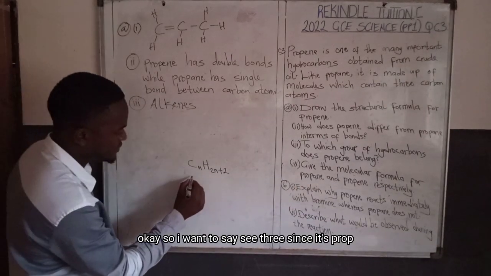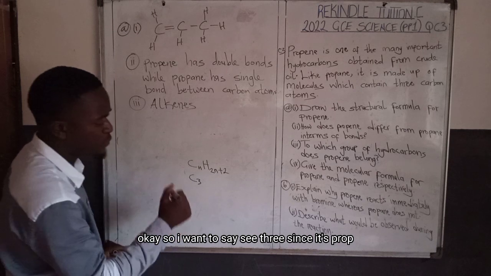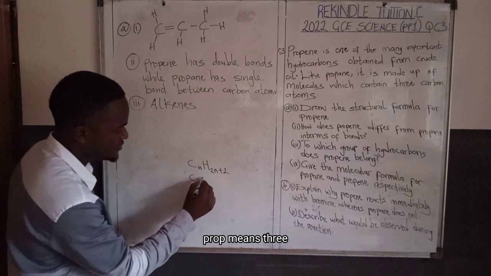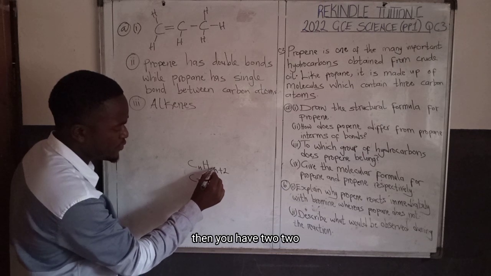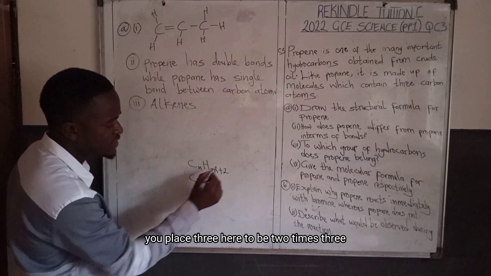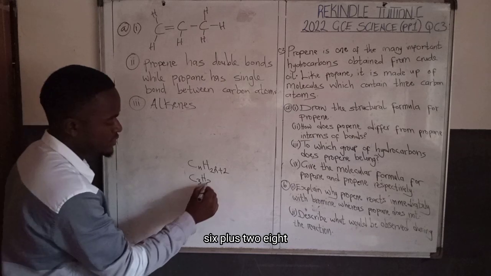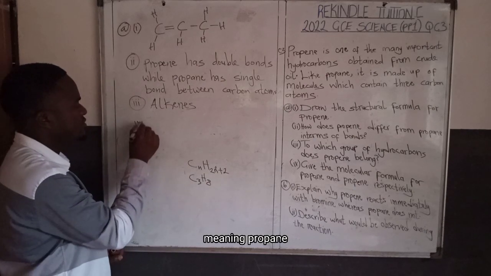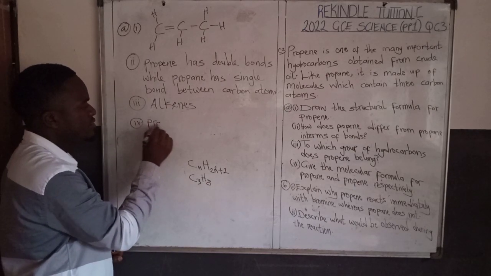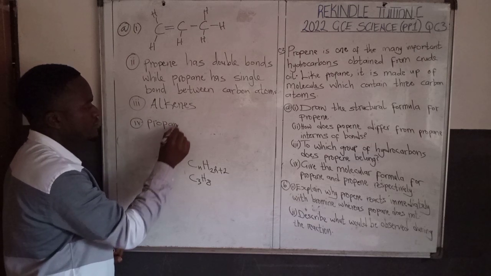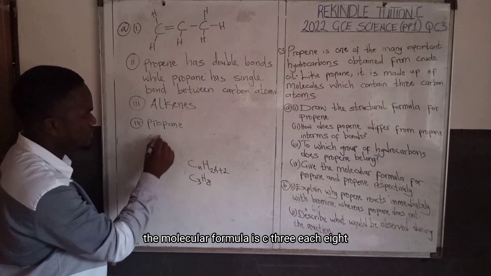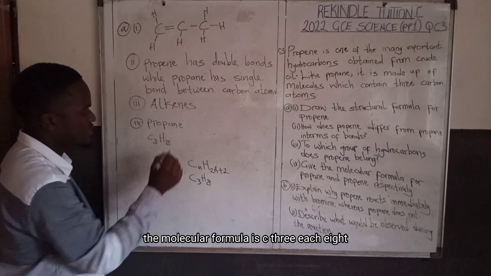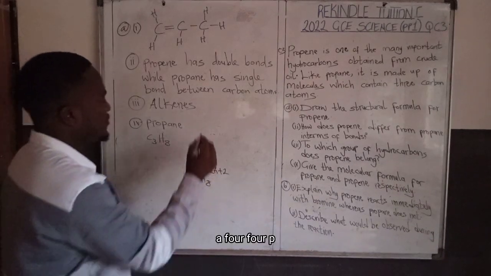So we're going to say C3, since it's prop. Prop means 3. Don't forget that. Then we have 2. If you place 3 here, it will be 2 times 3, 6, plus 2, 8. So meaning propane, the molecular formula is C3H8.